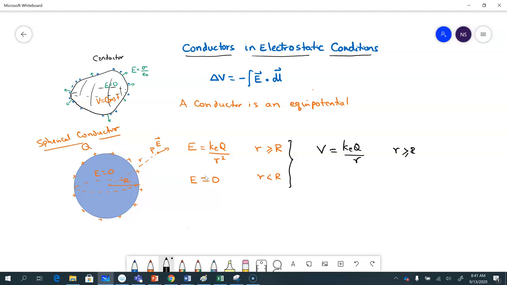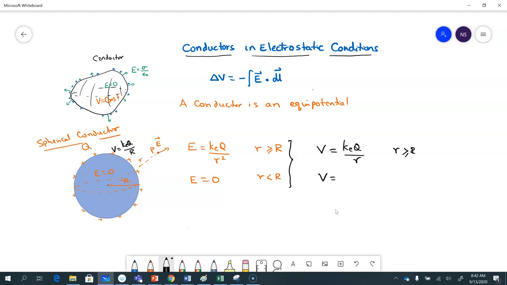So for points outside, it behaves as if all of this Q is centered at the center of the conductor. So that's the potential for outside, and what we have learned is at the surface of the conductor, at R equals capital R, V is equal to KEQ divided by capital R.